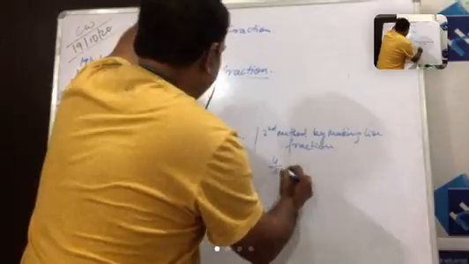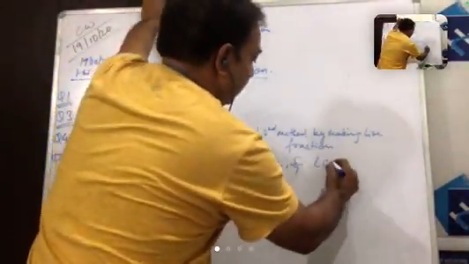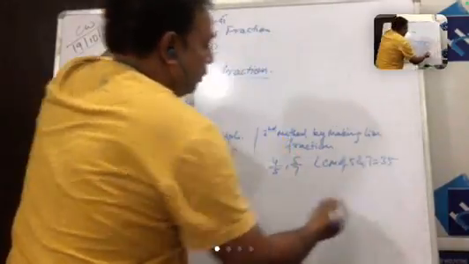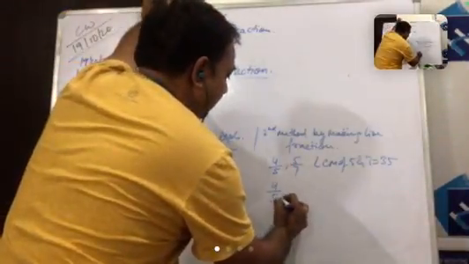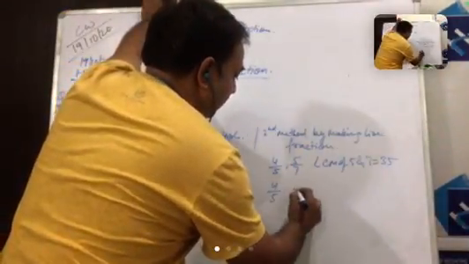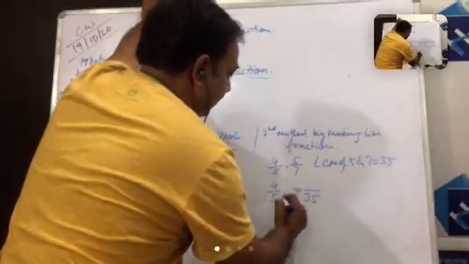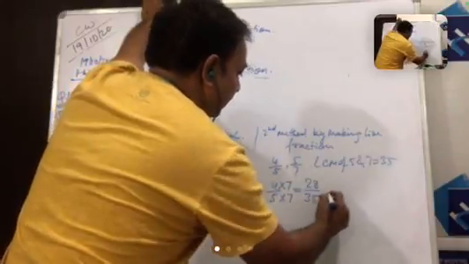4 upon 5, comma, 5 upon 7. The LCM of 5 and 7 is 35 because they are co-prime numbers. So for 4 upon 5, give some space, then write the required denominator, 35. 5 sevens are 35 and 4 sevens are 28.